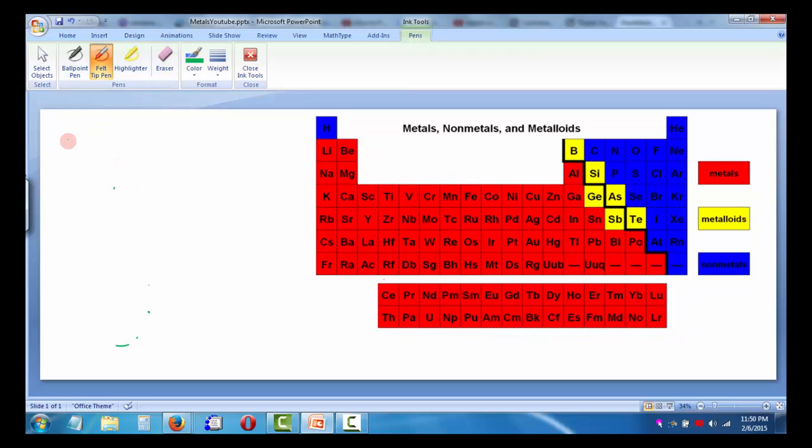Okay, so the second thing we should be familiar with are the nonmetals. What are the nonmetals? Well, let's first talk about some characteristics of the nonmetals. Well, the metals were shiny, so for the most part, nonmetals are dull.